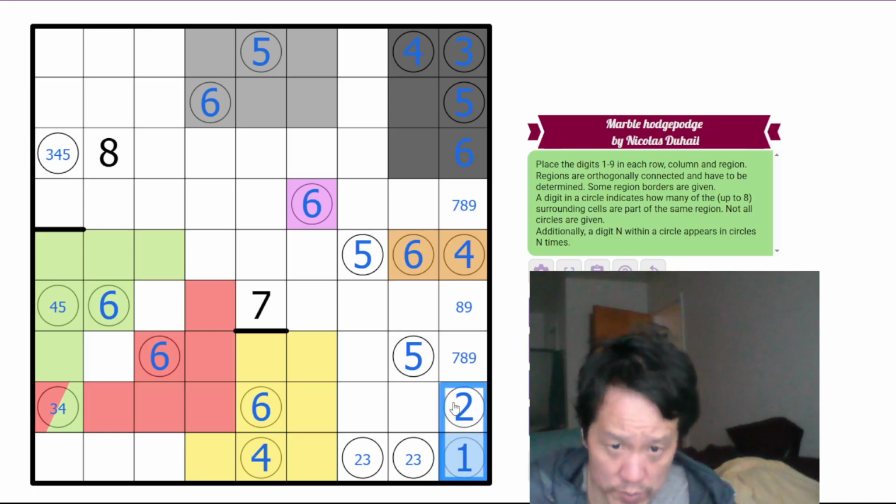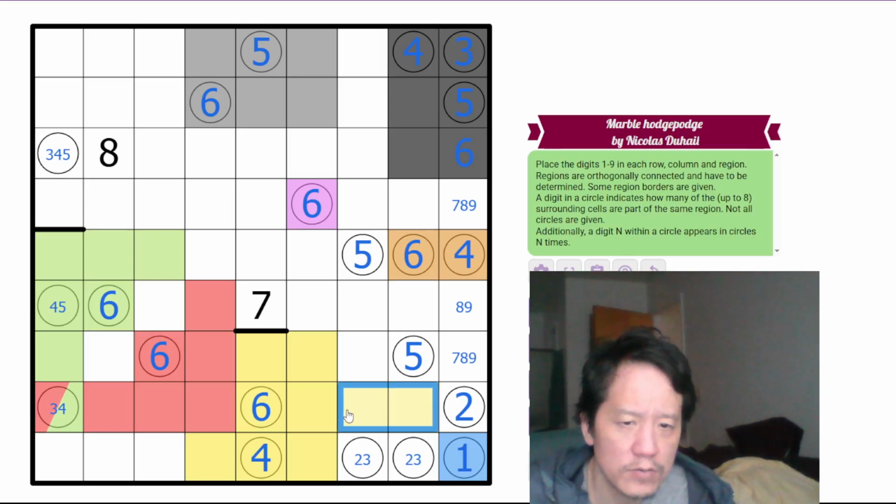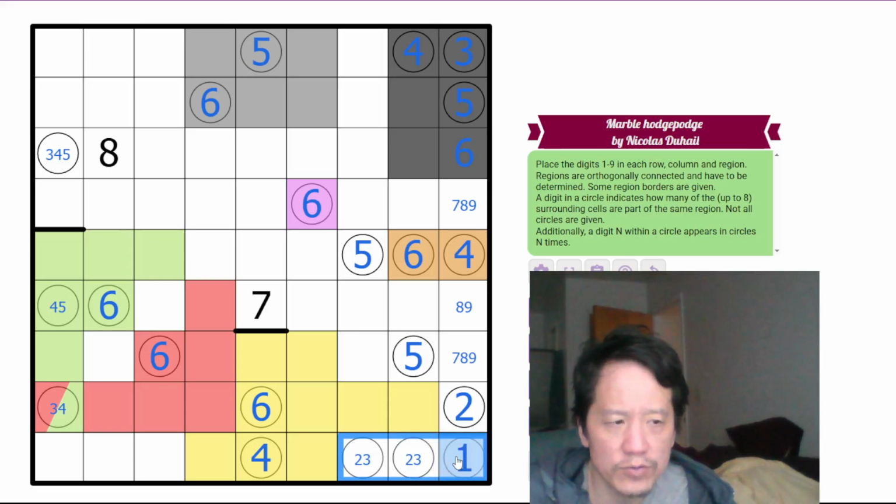If it goes this way, it has to go here because this is a separate region. Could be yellow, but if this is yellow, that fails too. This is 9 cells. So then this would have to be part of blue. And this would be part of blue. And therefore one of these would be 2. And this would be 2.